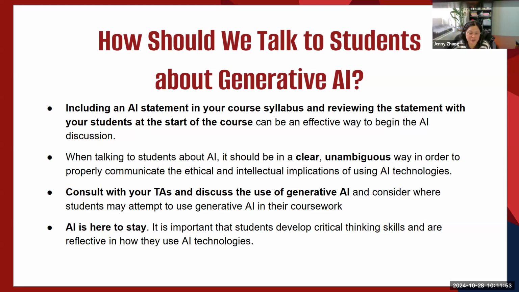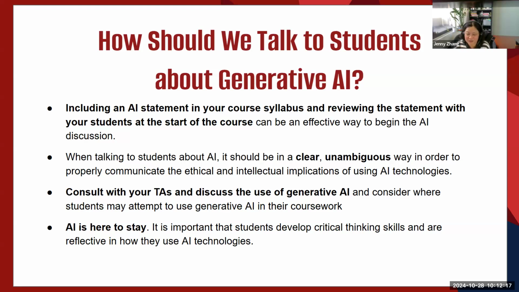Based on our previous two student panel discussions on AI, something they talked about is they want a clear statement from the professor about what is allowed in this course and what is not allowed. Otherwise they wonder, should I use it or not?